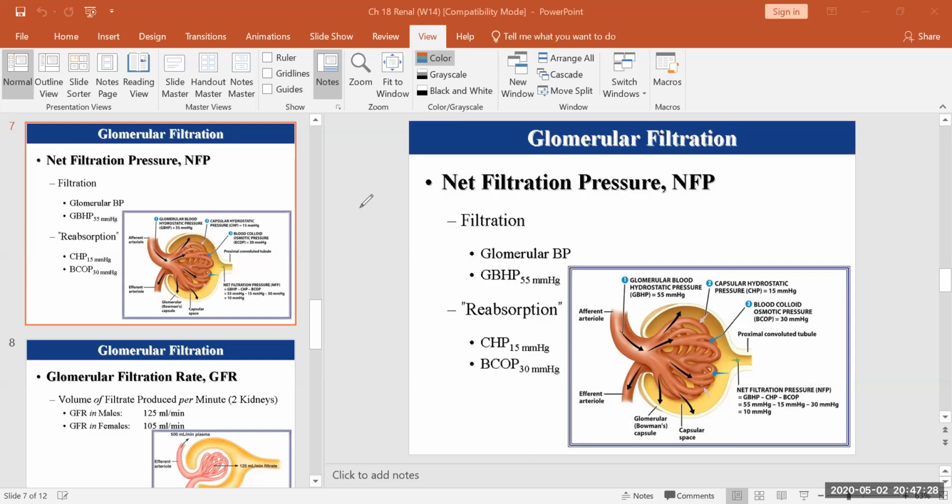So there's no selectivity at all. If you're smaller than the pore, you go through. If you're larger than the pore, you stay behind. You remain in the vascular bed. If you're small enough, you will be in the tubules, starting with the Bowman's capsular space and then ultimately leaving it and going to the PCT, loop of Henle, DCT, ultimately the collecting duct and becoming urine.